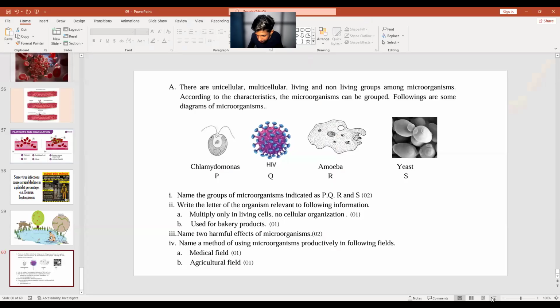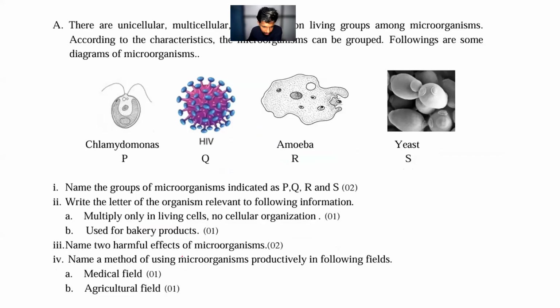Okay, here, the last one regarding the medical field. You can know the answer: vaccines, and to produce the antibiotics, and to produce the antitoxins. Okay. Agriculture field, you can say nitrogen fixation, compost production, gene technology.